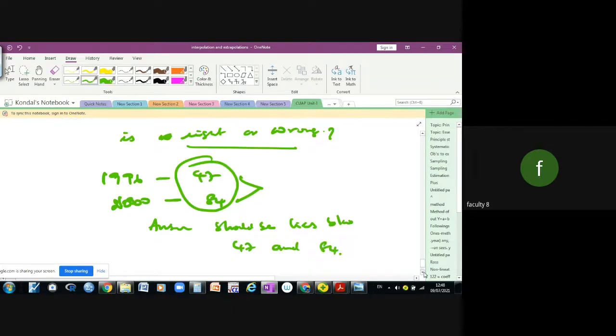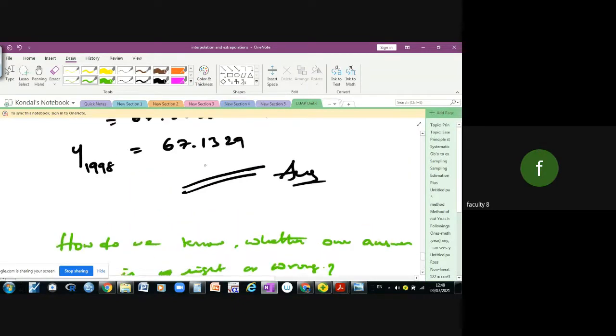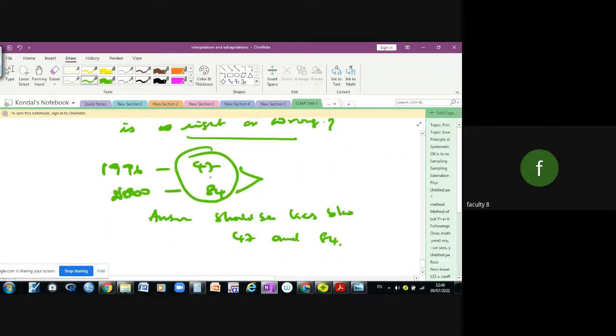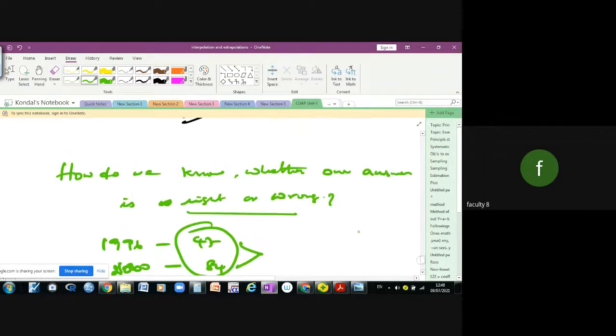So how much did we get? The answer is 67. So it is more or less equal to 67, right? So therefore the value lies between 47 and 84. Therefore our answer is right. Our answer is right. Is it clear, dear students?